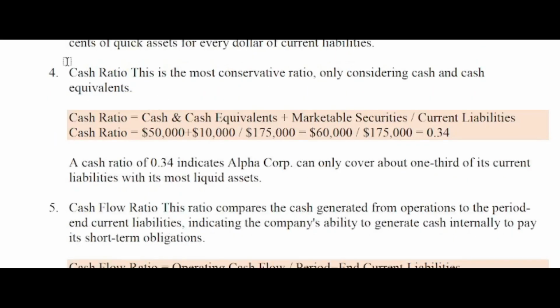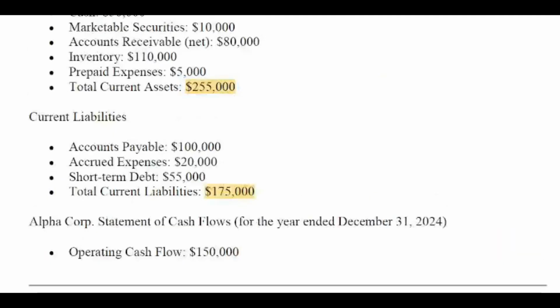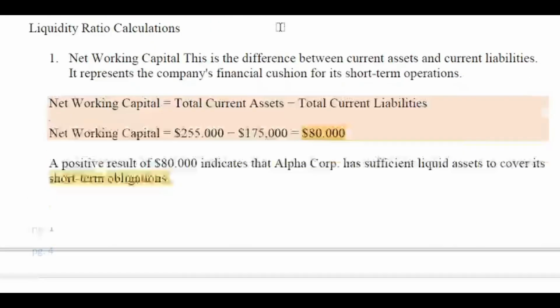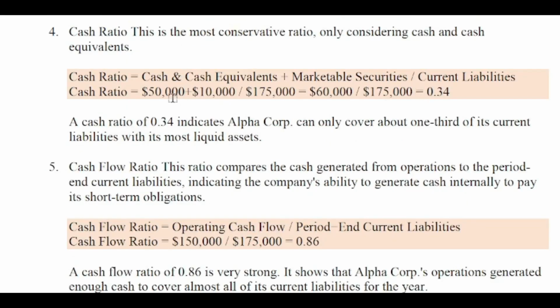Next we will move into cash ratio. In cash ratio, we are using only cash and equivalents plus marketable securities to compare with the current liabilities. So in this case, we can see here cash 50,000 and marketable securities 10,000. These are only the cash and cash equivalents. So in this case, 60,000 is cash and cash equivalents, divided by the current liabilities.